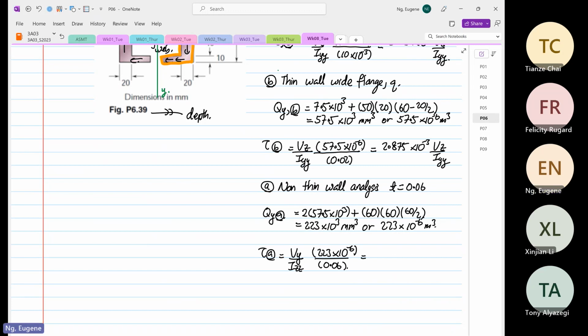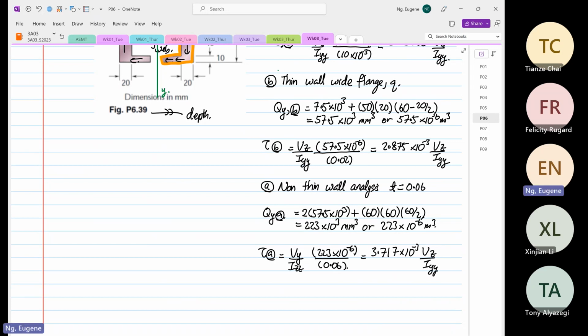So 223 times 10 to the power minus 6 divided by 0.06 is 3.717 times 10 to the power minus 3 Vz over Iyy.